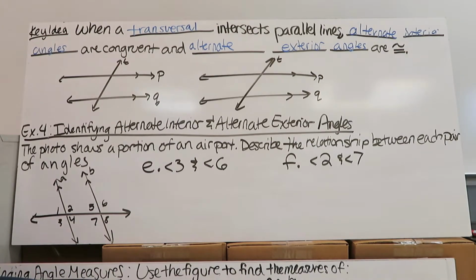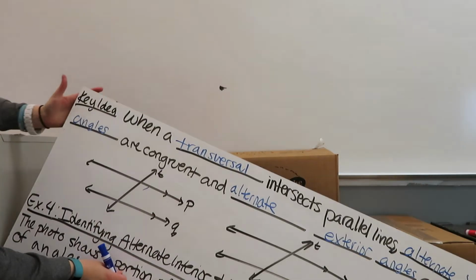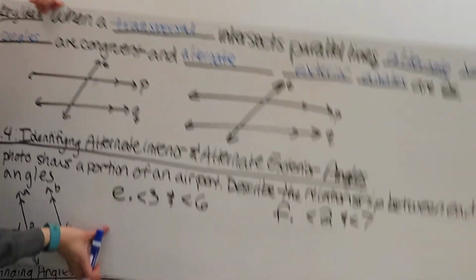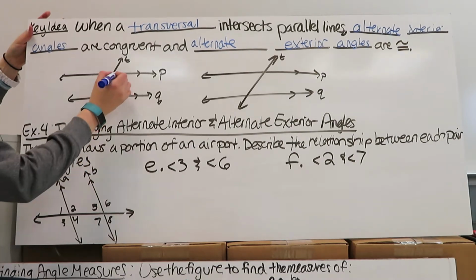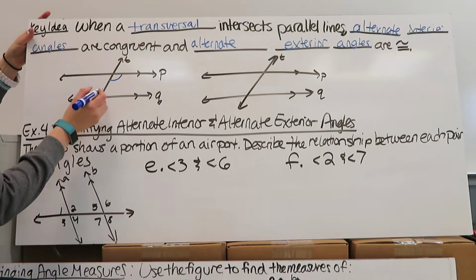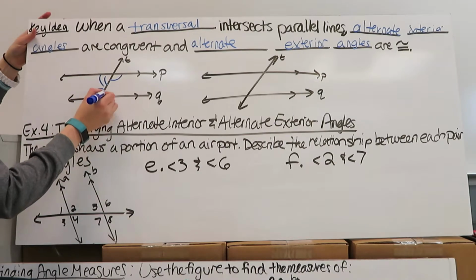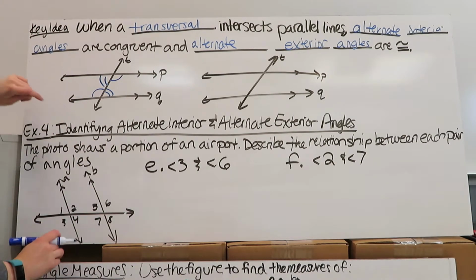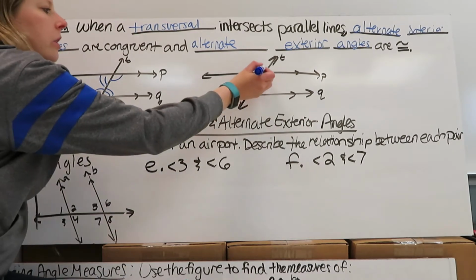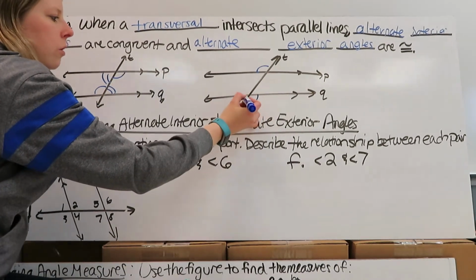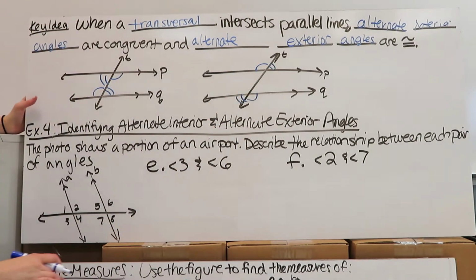So this means, sorry about that. This angle, these two angles are congruent, and these two angles are congruent. This is the alternate interior angle. Alternate exterior means that these two and those two are congruent.